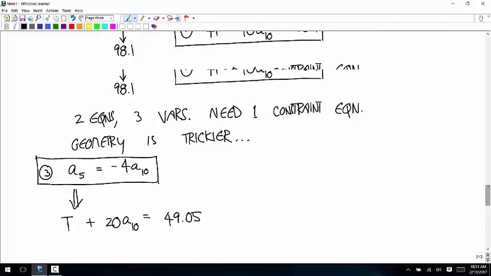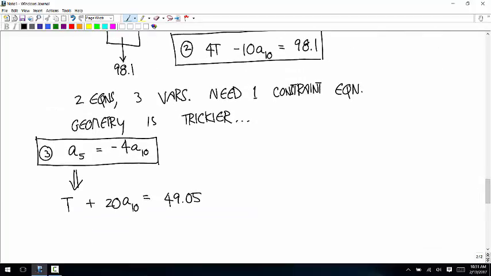And the second equation says 4T minus 10 A10 is equal to 98.1. So I guess I'll do 4 times this equation minus this equation.